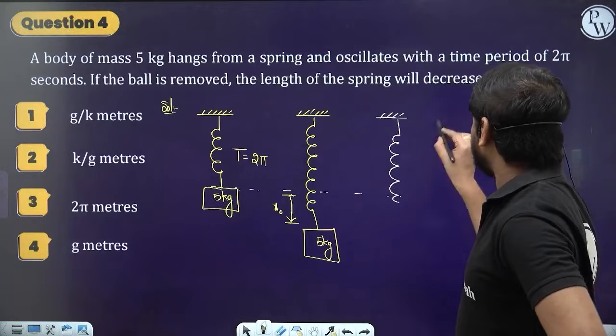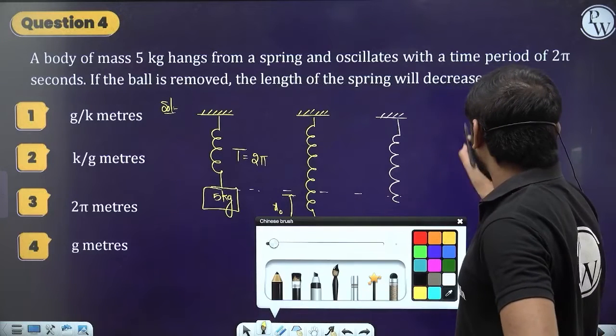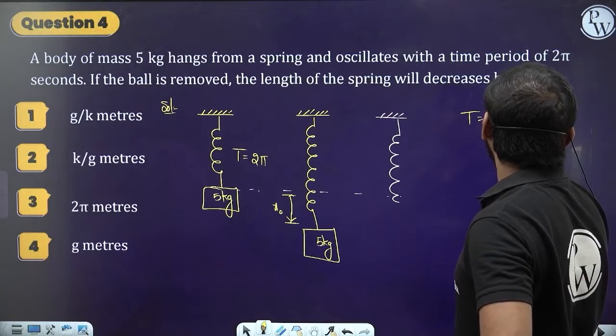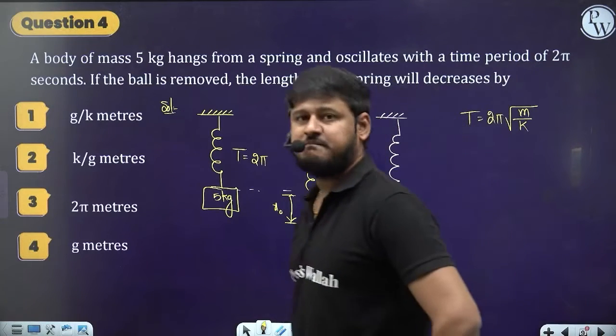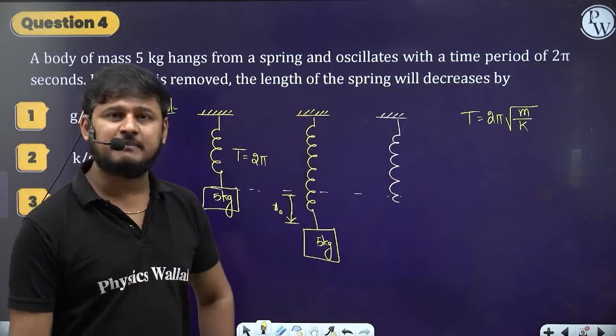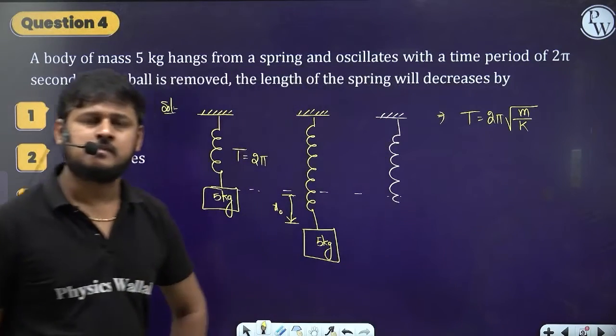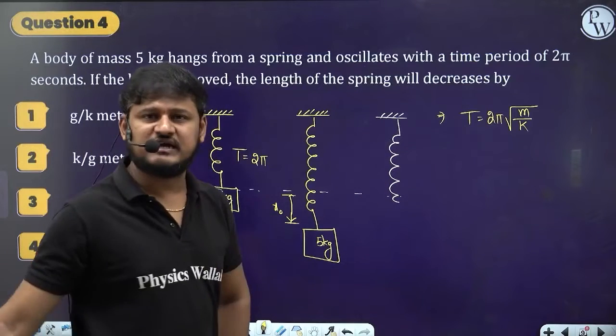We know that the time period is equal to 2 pi root over m by k. So what is this k? How do you find the k value?